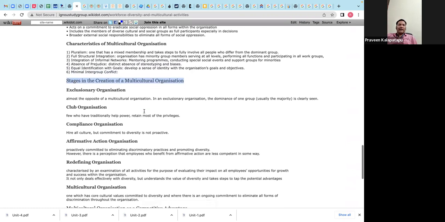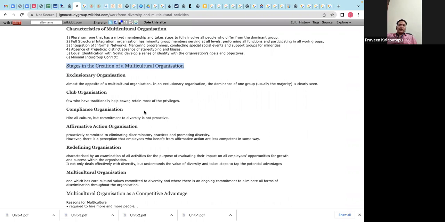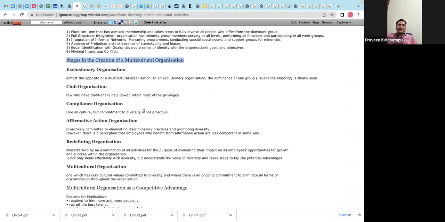Now going into the stages of creation. First is the exclusionary stage. These are not steps, these are stages. So basically we are starting from an organization which is not at all multicultural, that is the exclusionary organization.